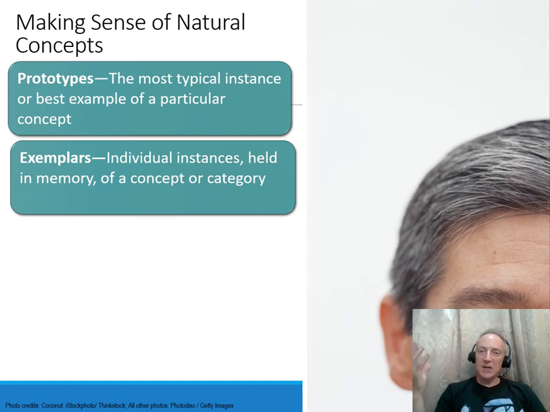But when I say birds, something comes to mind for you that represents that whole category. A particular type of bird comes to mind, and that is what we would call your prototype, the most typical or best example of that whole natural concept. So let's consider another natural concept.